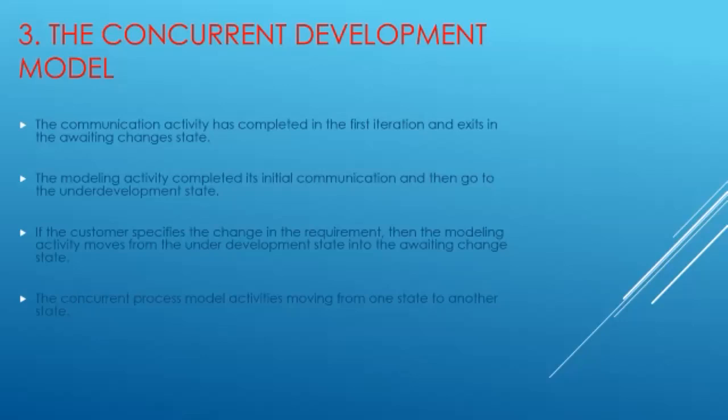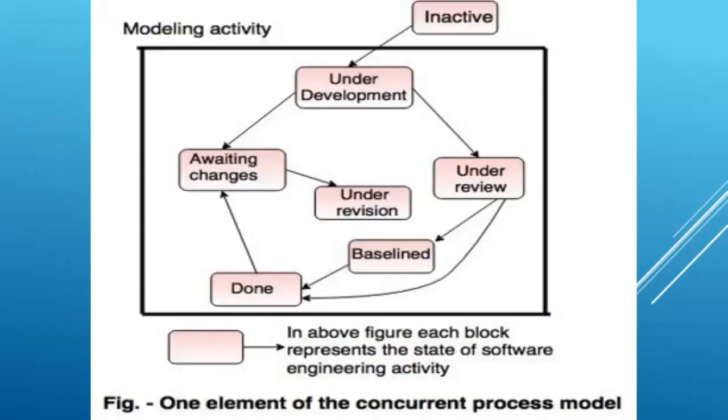Here, the concurrent process model activities move from one state to another state. This is one element of the concurrent process modeling activity. Here the box represents, in the above figure, each block represents a state of software engineering activities.